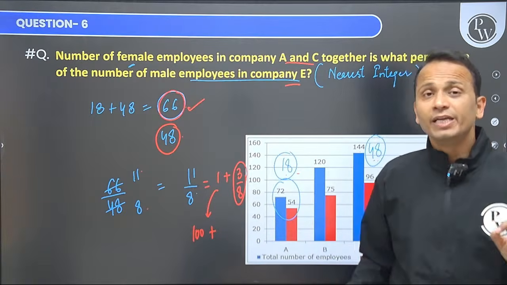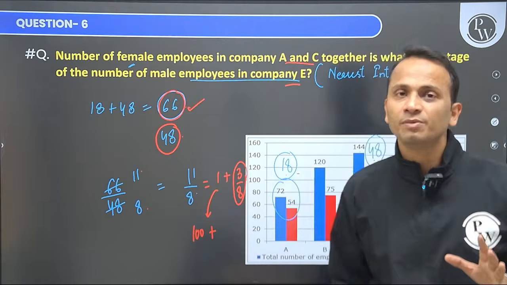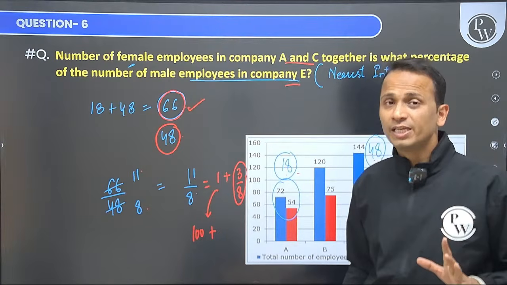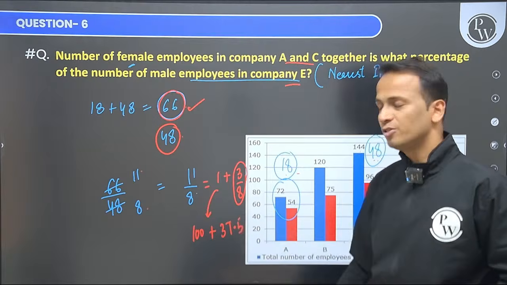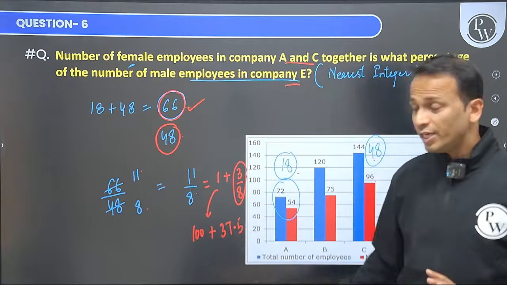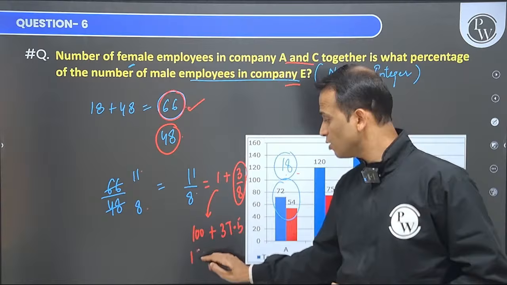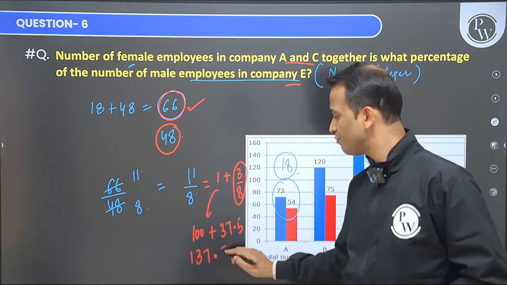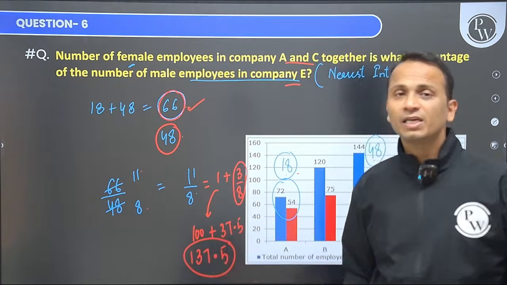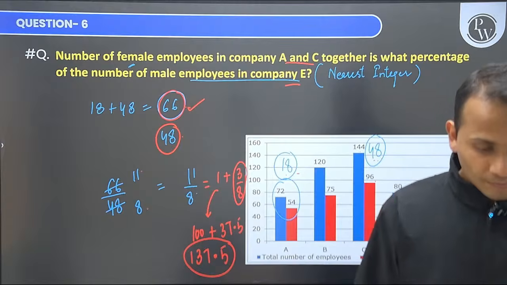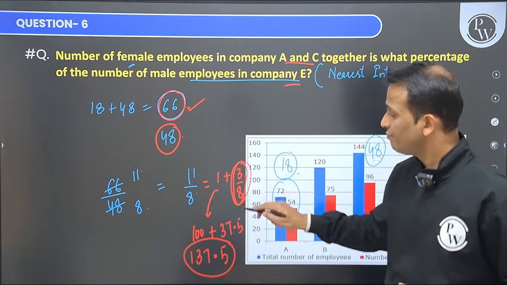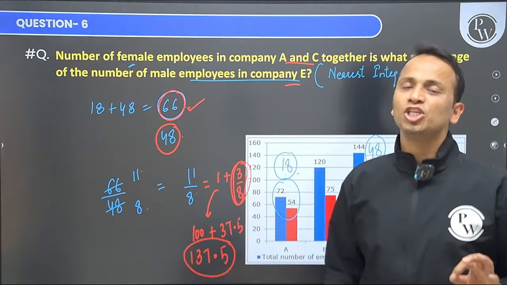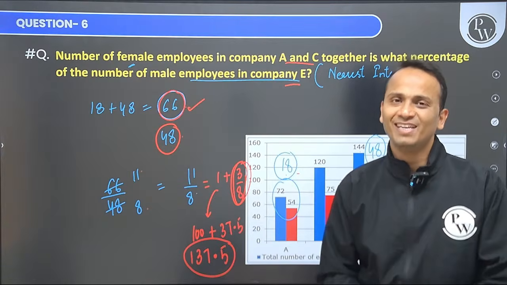Now 3 by 8 is not 33.33 percent, which is the mistake you have made. It is 37.5. So the correct value will be 137.5. 37.5 is the percentage equivalent of 3 by 8.